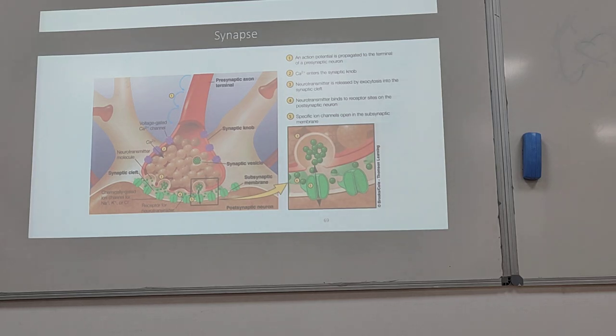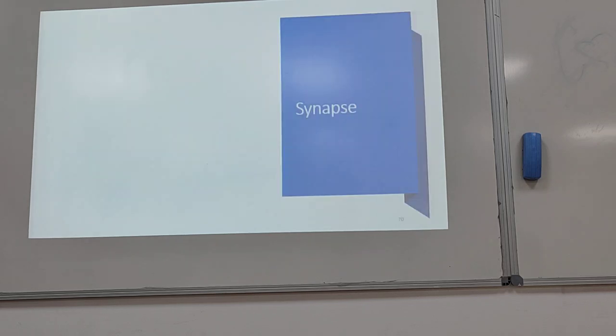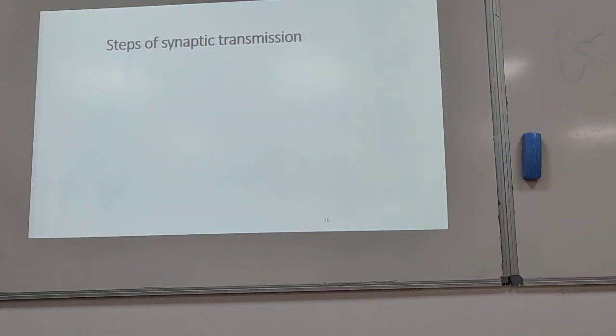Neuro is something related to nerves. Transmitter or transmission, what is transmission? It is just transferring something from one place to the other place. What is neurotransmitter? It is a chemical which transfers the impulse from one neuron to the next neuron.